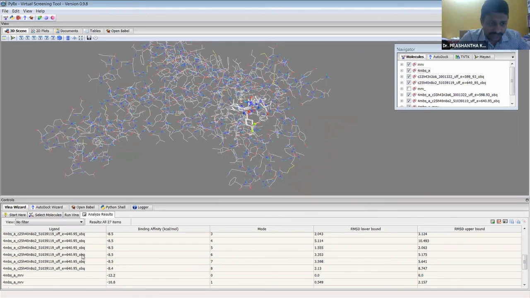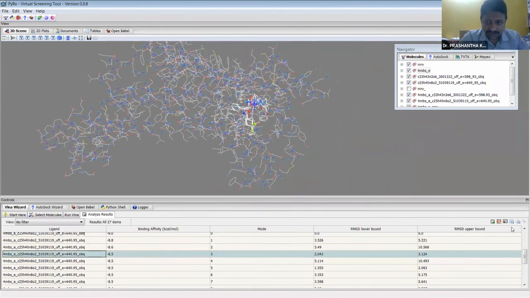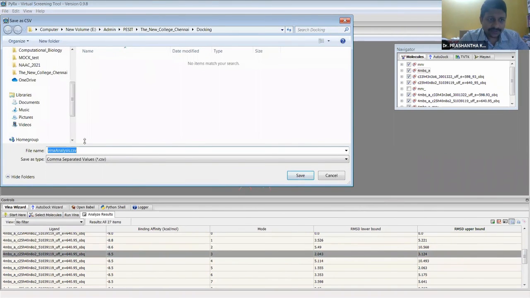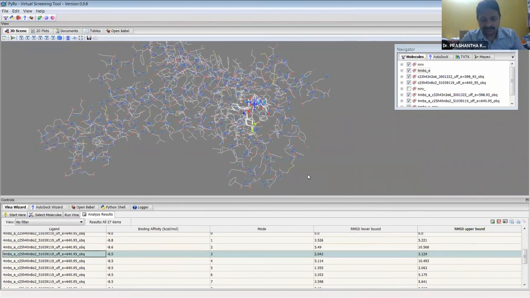So we can keep the results in a format called CSV. Select this, then save this file, vinanalysis.csv. Just save this particular file.